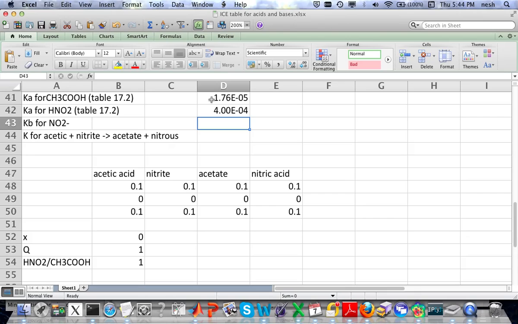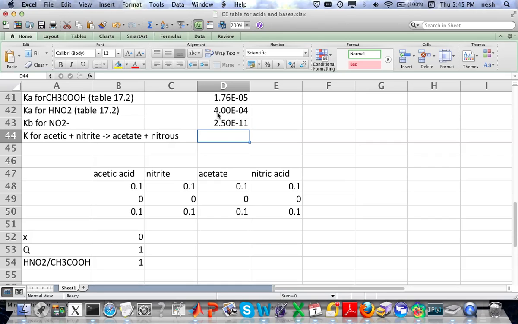Okay, assuming you're back, Kb for the conjugate base to HNO2 is equal to Kw, which is 1 times 10 to the minus 14, divided by the Ka. All right, so I have that number.